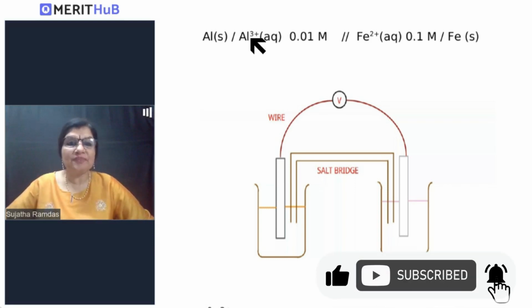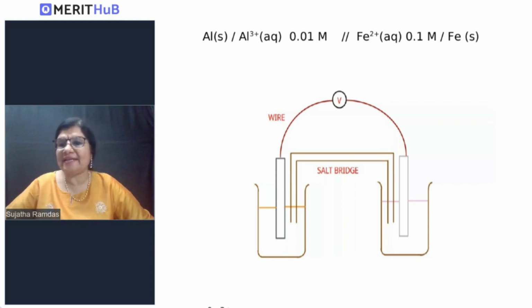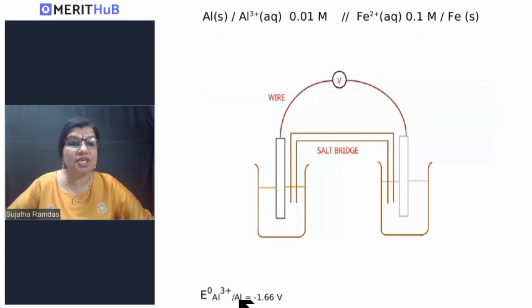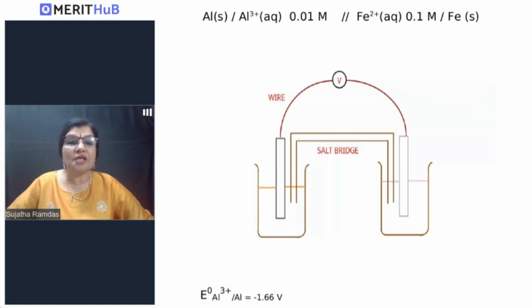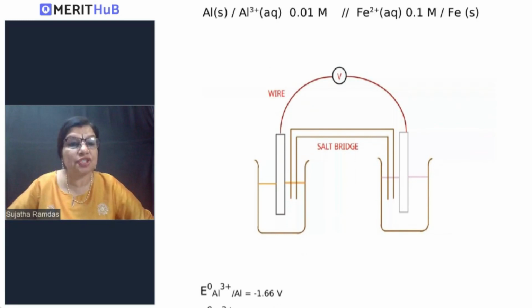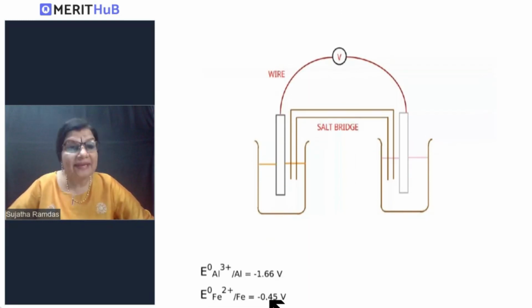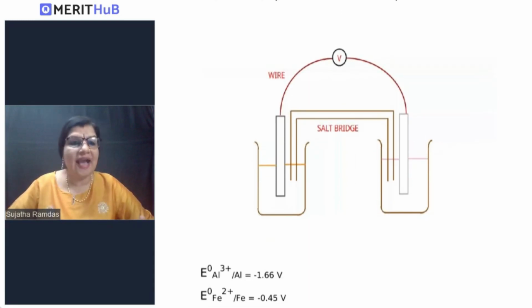And here we have the standard reduction potentials of the aluminum half cell and the iron half cell. If you compare these two standard reduction potential values, you can immediately identify the anode and the cathode. But let's go back to the representation and try to identify them.